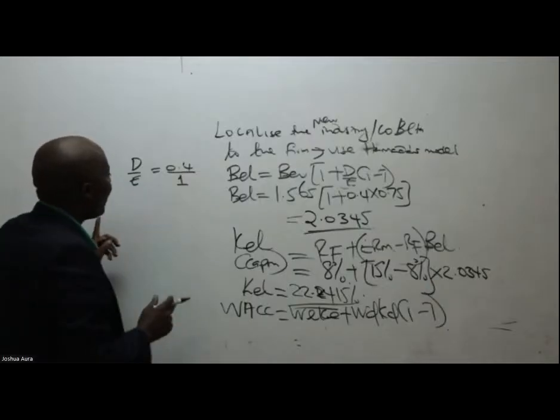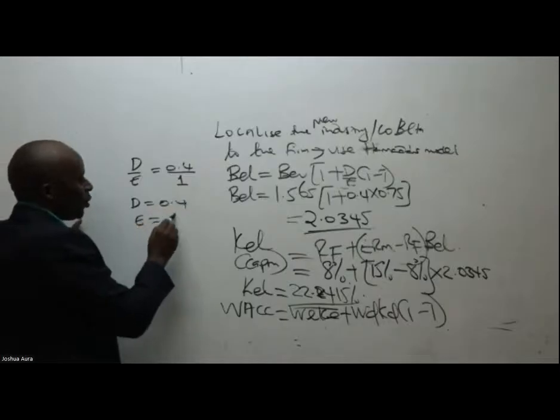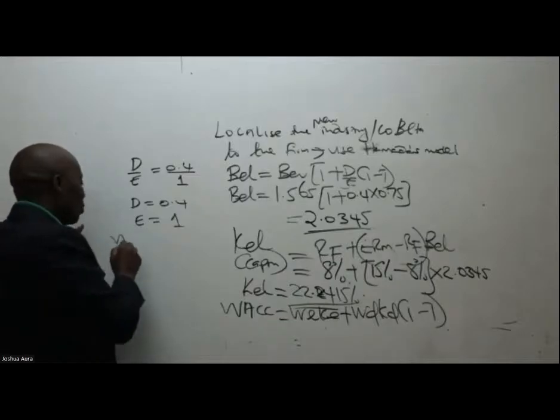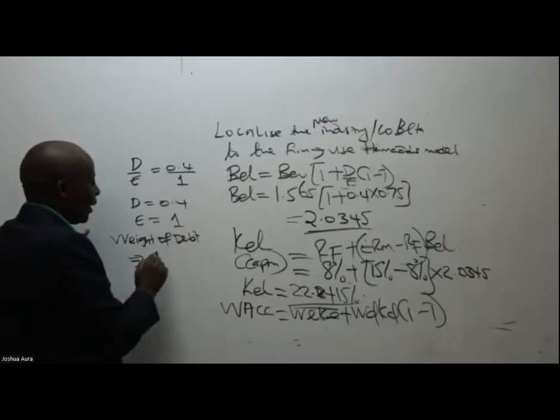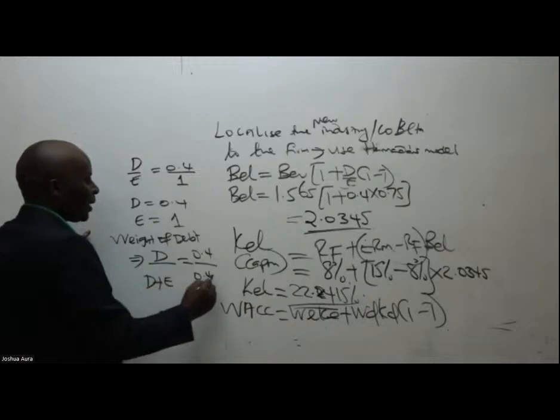So debt, in short, is 0.4 and equity, in short, is 1. And when you want to get the weight of debt, it will be debt over debt plus equity. Debt is 0.4 over 0.4 plus 1.